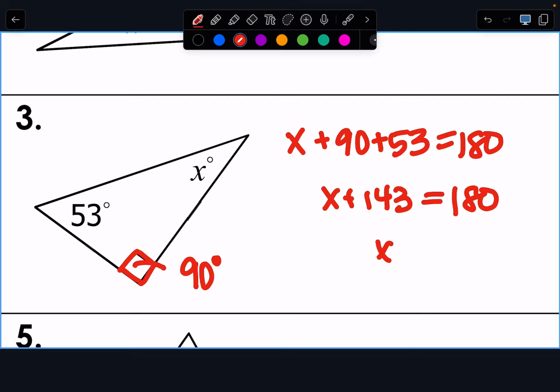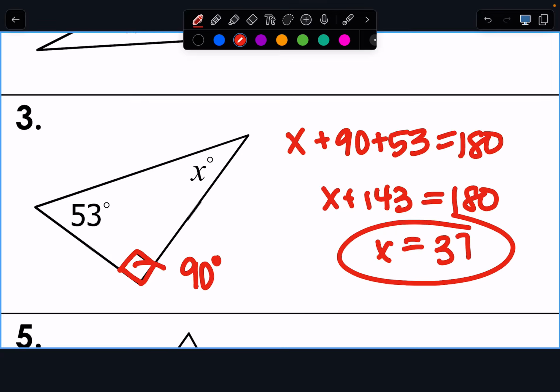Okay, so what's the answer? 37. Since it says x degrees, I don't need the degree symbol. Okay?